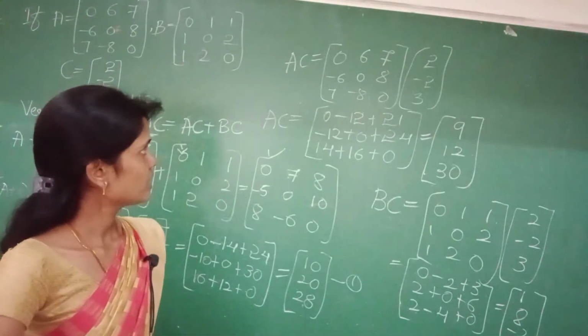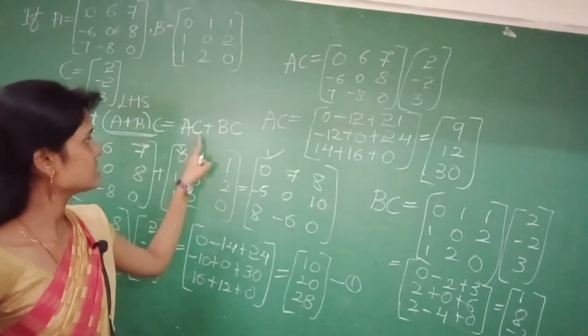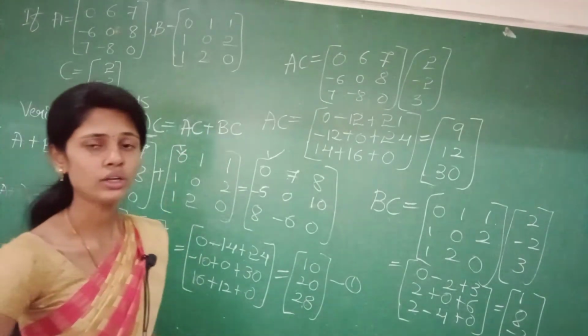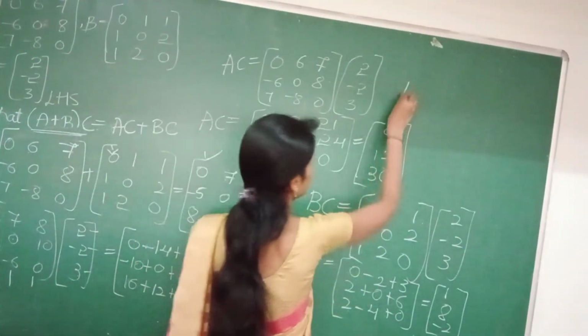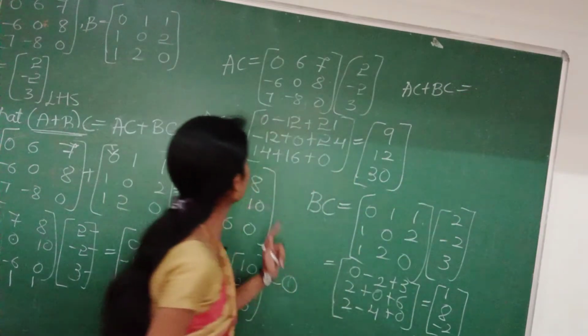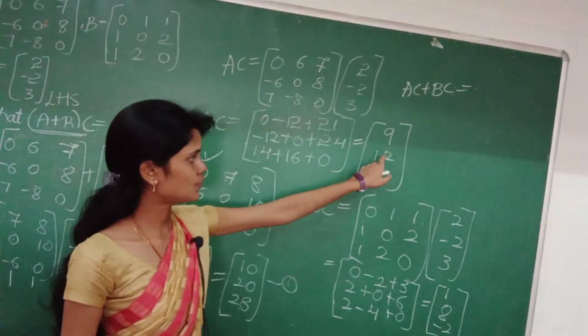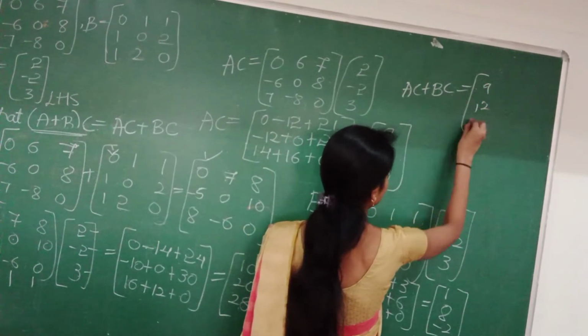So this is what? AC and BC. Actually what we want in the RHS? AC plus BC we want. So write down AC and BC. See here, AC plus BC is equal to: what is our AC? 9, 12, 30. Write down 9, 12, 30.